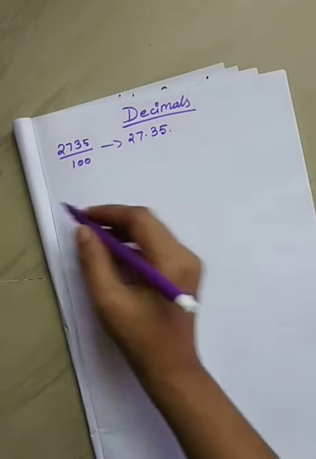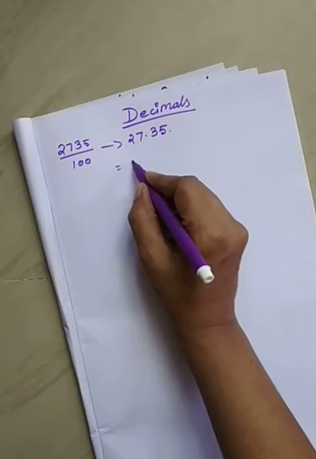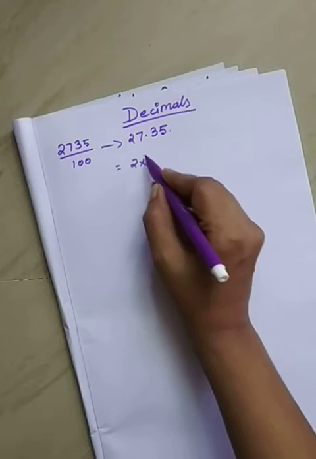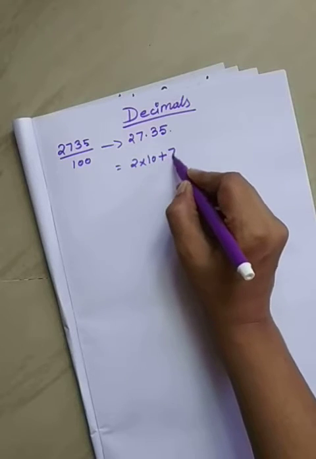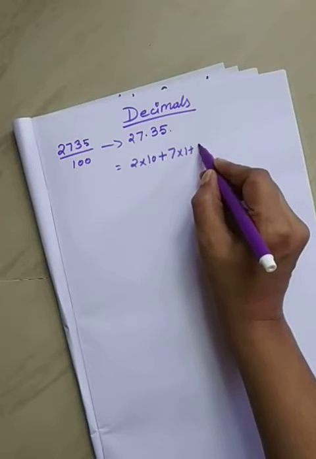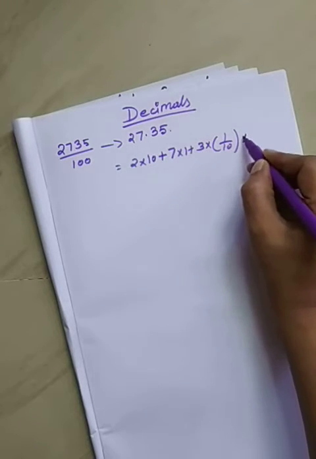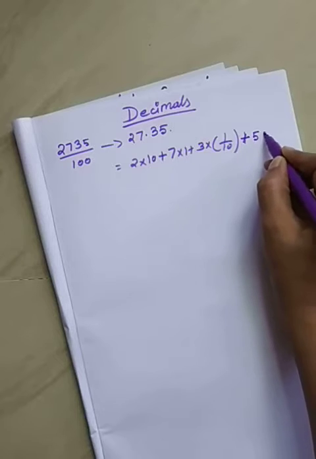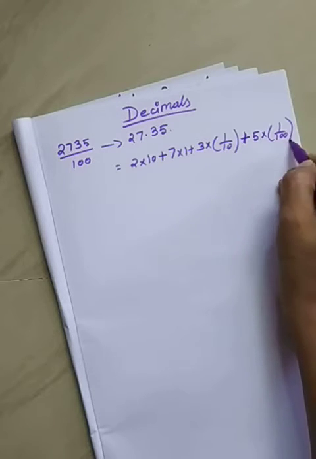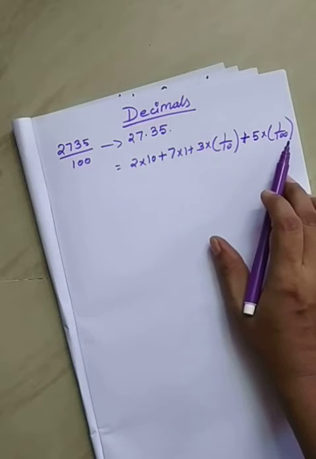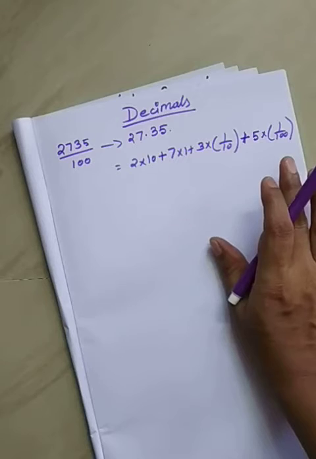The number 27.35 is written in expanded form as 2 into 10, plus 7 into 1, plus 3 into 1 by 10, plus 5 into 1 by 100. So this is the 10th place and this is the 100th place. Everybody clear this one?